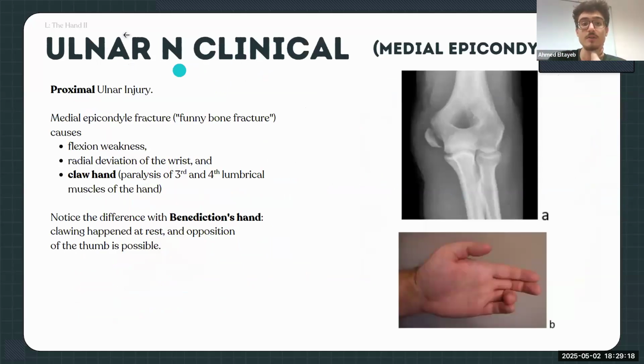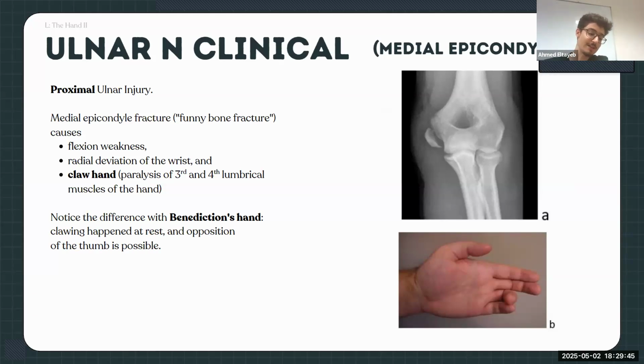Now, what about ulnar clinical significance? Again, we also have a proximal injury and a distal injury. A proximal injury is going to be more problematic, right? But a distal injury is going to be more or less problematic. So the proximal injury is again a condylar fracture. Where? Medial epicondyle fracture. I mean, besides all the problems that will cause for our flexor compartment, let's forget about that for now.